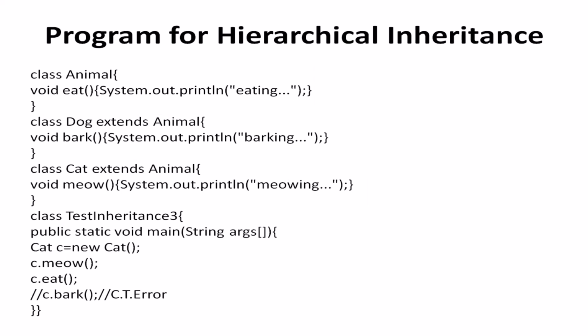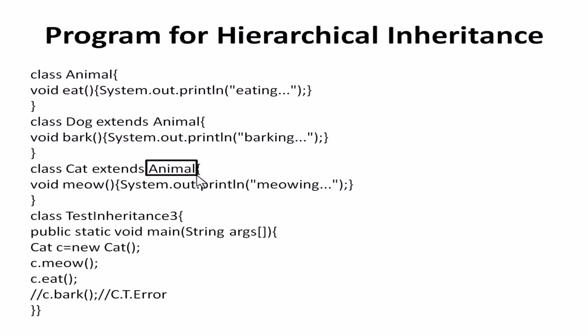Next, for hierarchical inheritance, it is going to show animal, dog and cat, and it is going to show an error. Cat has to inherit the properties of animal.